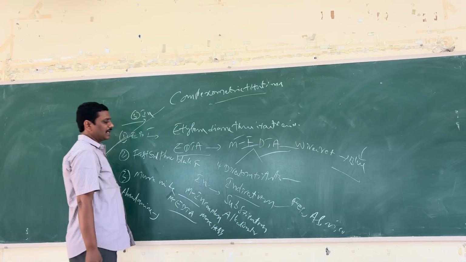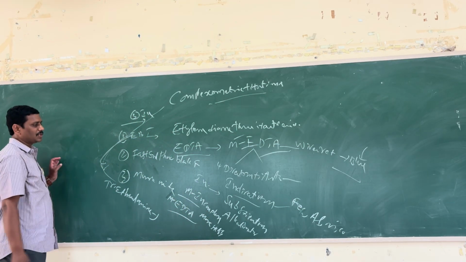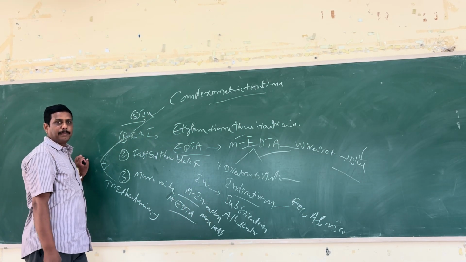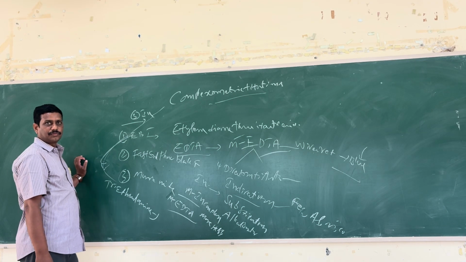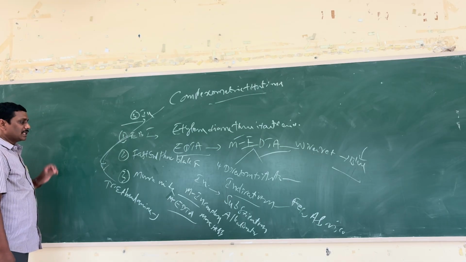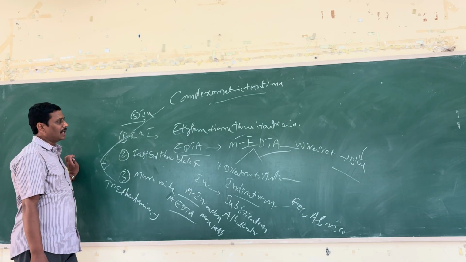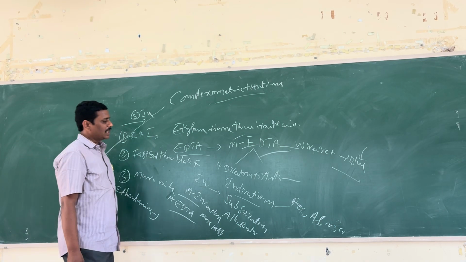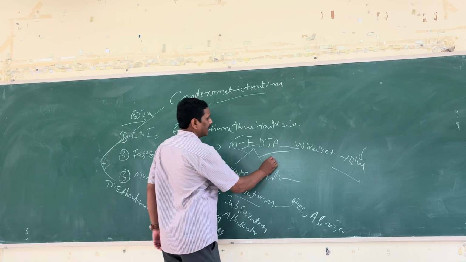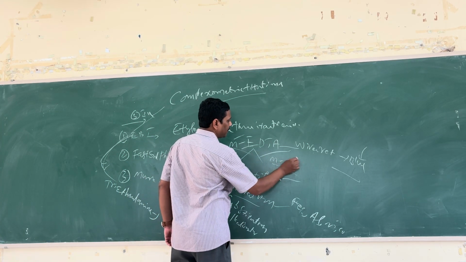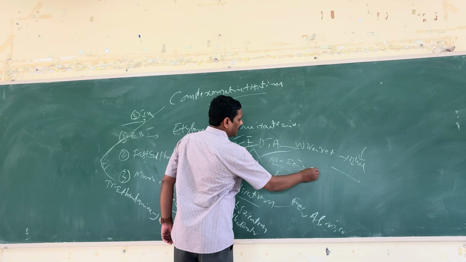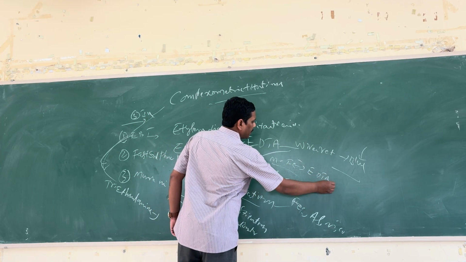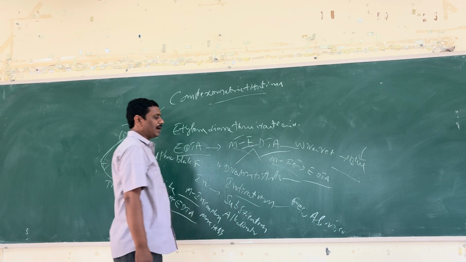Next, the third category is substitution. What is meant by substitution? Substitution is nothing but replacing one metal ion by another metal ion. For example, iron interacts with EDTA to form an iron EDTA complex.